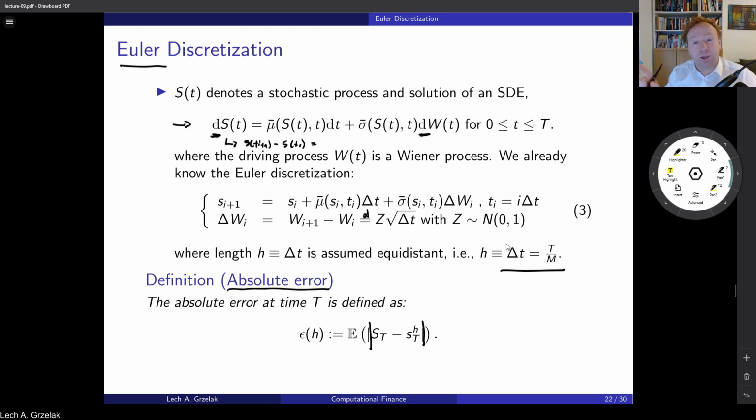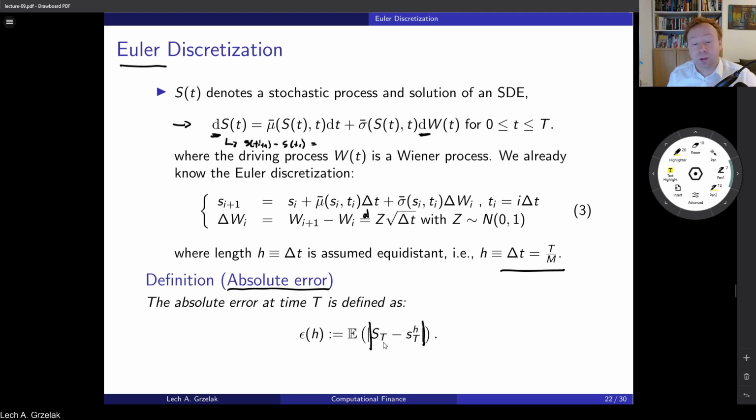So the bigger the h, we would expect lower quality results. So now we have to vary that. What is also important, and this is something we already discussed in this lecture, is that it is a pathwise error. So we look at the path level.